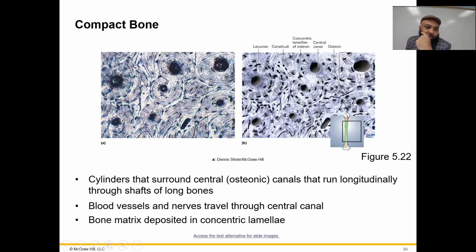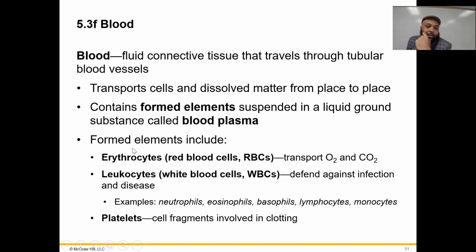Compact bone is made of cylinders that surround the central osteonic canals that run longitudinally through the shafts of long bones. The blood vessels and nerves travel through the central canal, and the bone matrix is deposited in the concentric lamellae.